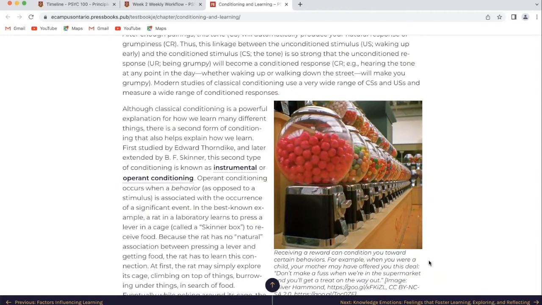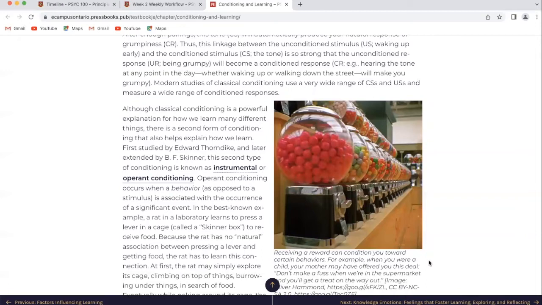Hearing the tone at any point in the day, whether waking up or walking down the street, will make you grumpy. Modern studies of classical conditioning use a very wide range of CS and US and measure a wide range of conditional responses.